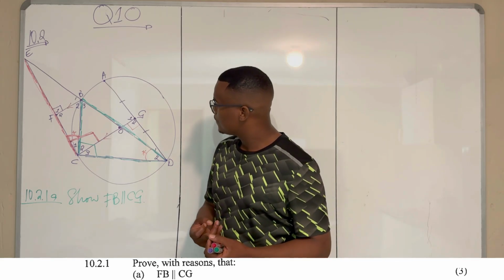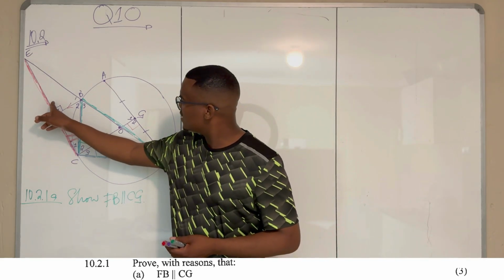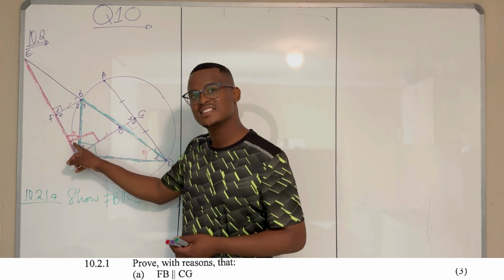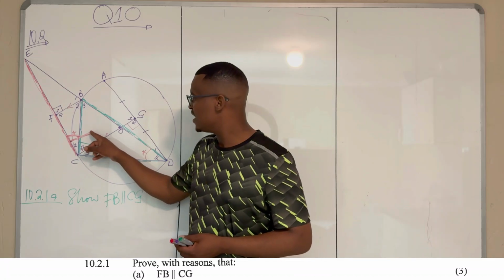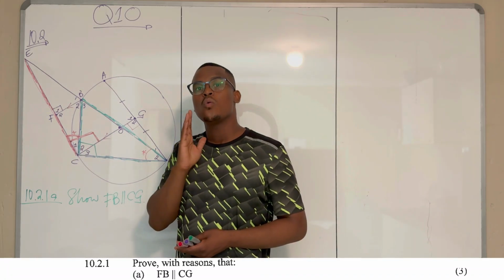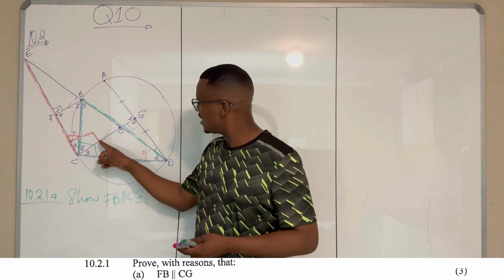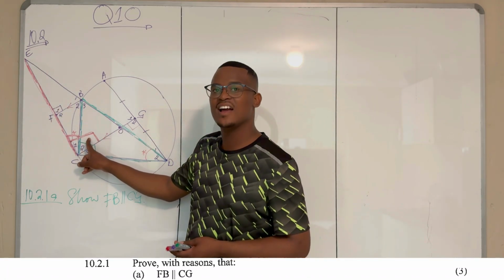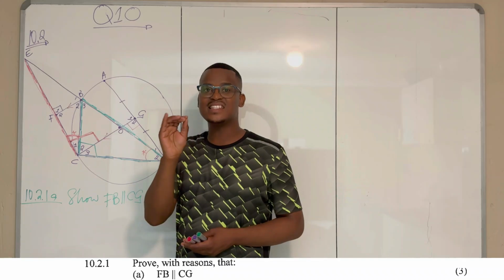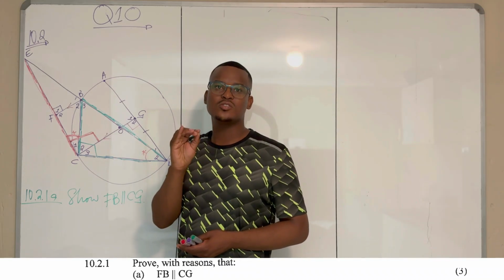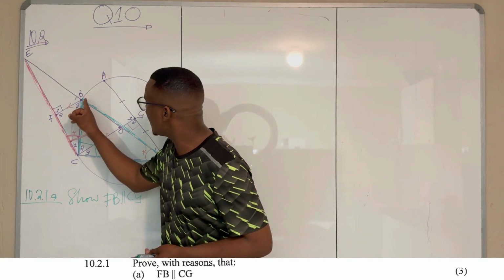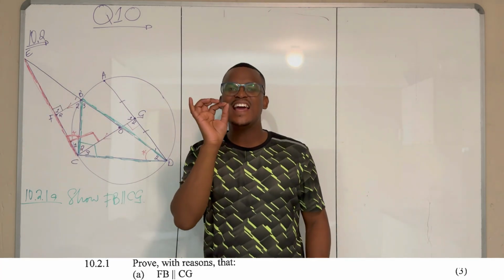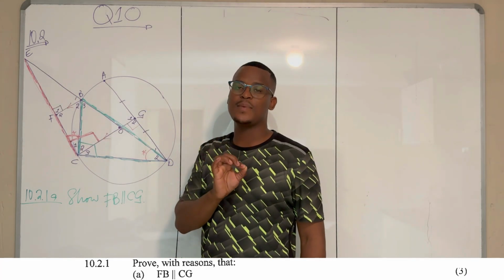Look, this angle over here is 90 degrees, F1, and this angle here is 90 degrees. This right angle we were not given. We said ourselves that there will be 90 here, because this is the tangent and this is the radius. So there's a 90 there and a 90 here. These angles are sitting at the same position in relation to the transversal, which means you have 2 lines, FB and CG, intersected by a common line, at the exact same angle.